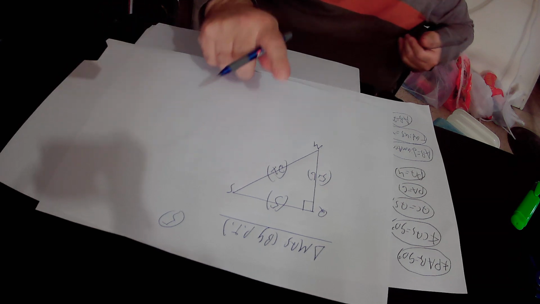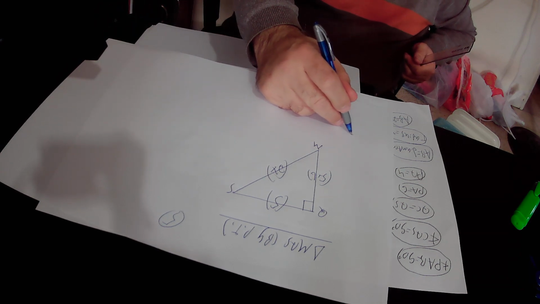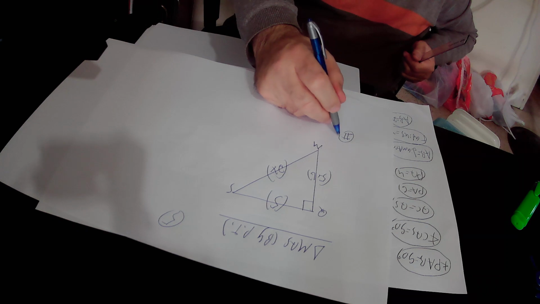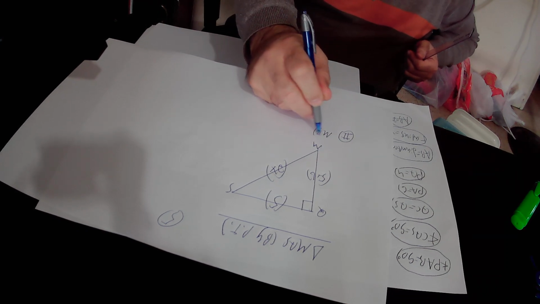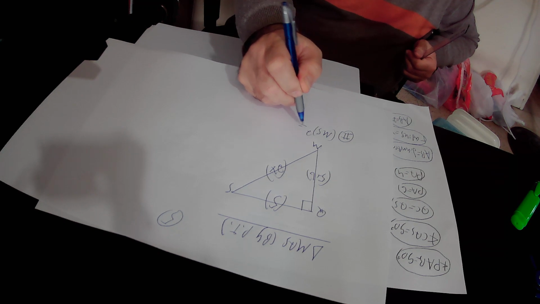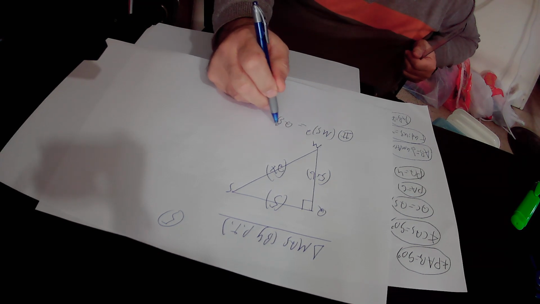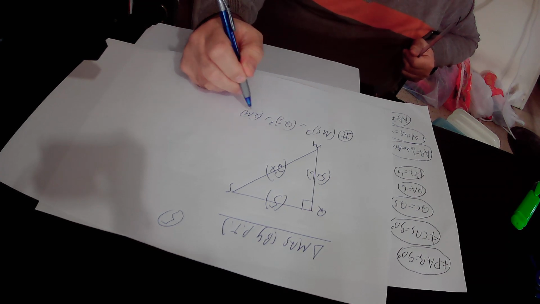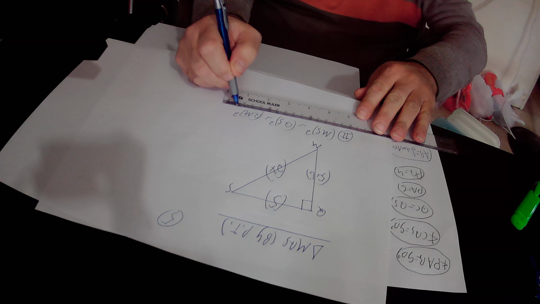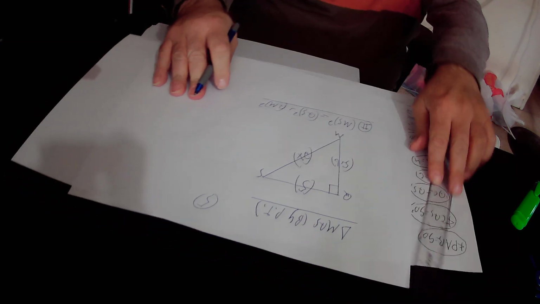Here PT is an abbreviation for Pythagoras theorem. This will be equation number 2. According to the Pythagoras theorem, MS squared, the square of the hypotenuse, must equal QS squared plus QM squared.